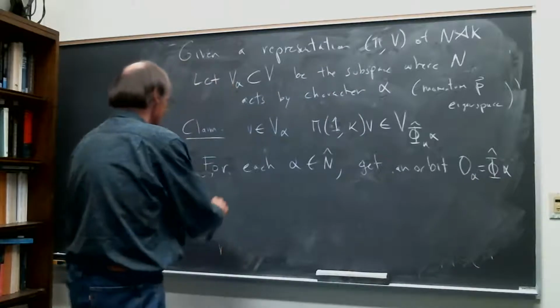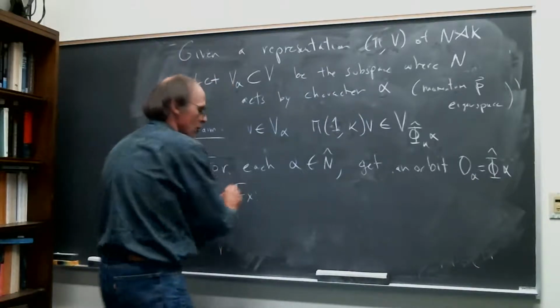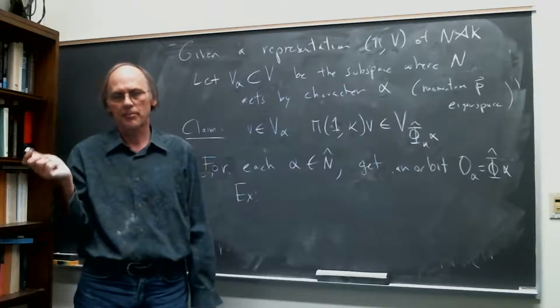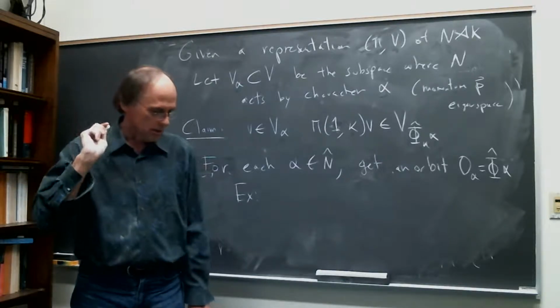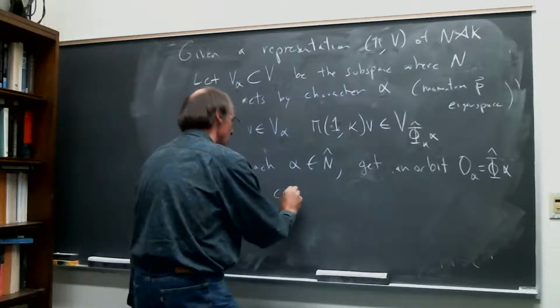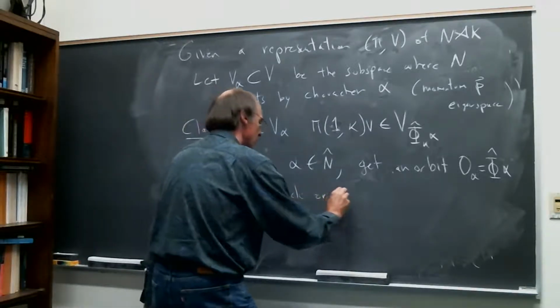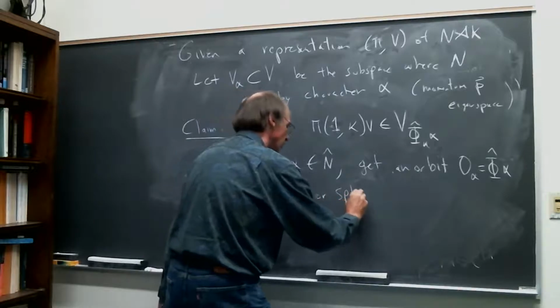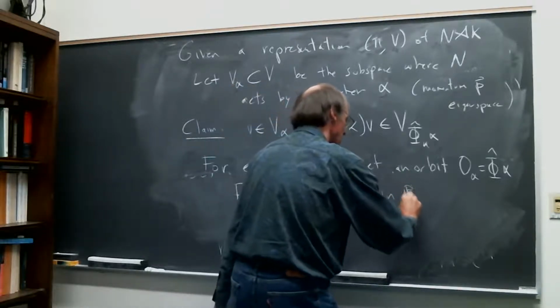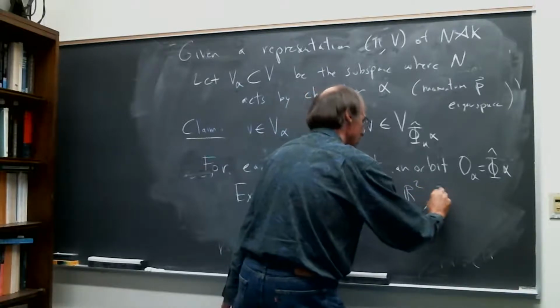And the examples are really exactly the ones you already saw in the 2 and 3 dimensional Euclidean group. These were the circle or sphere in R2, R3.